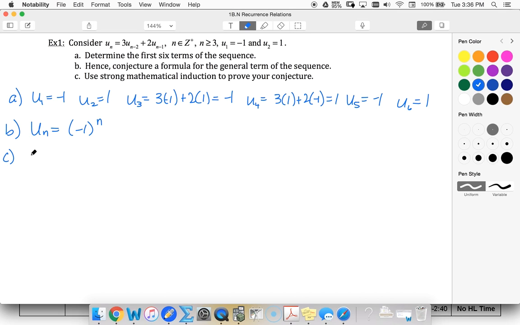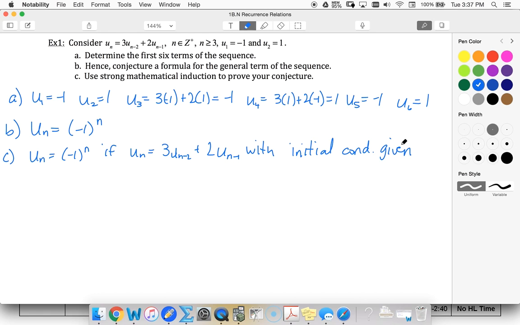So our statement is given: un is -1 to the n if un is 3u sub n minus 2, plus 2u sub n minus 1 with initial conditions. I'm not going to copy those down. We can see them up above.